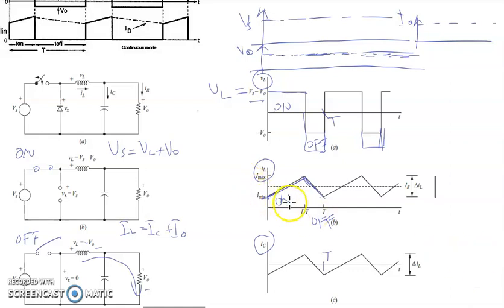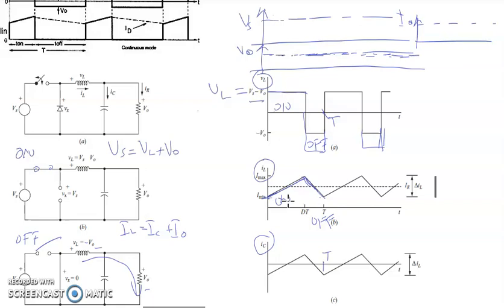So actually the behavior of capacitor and inductor is that the component is a storage. When you switch on, it starts to ramp up, and when you switch off, it starts to ramp down.